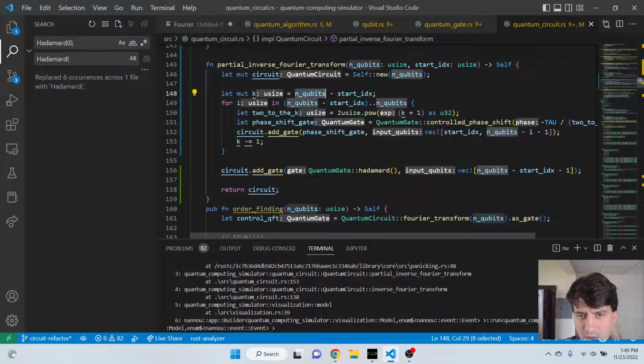N qubits minus 1. N qubits minus 1 is 2. And when it's 2, we want K to be 2.